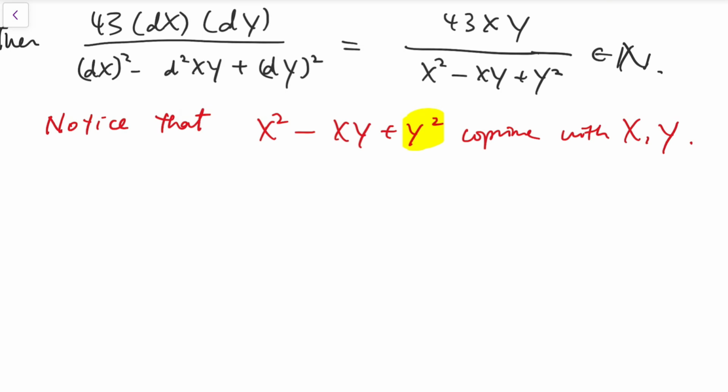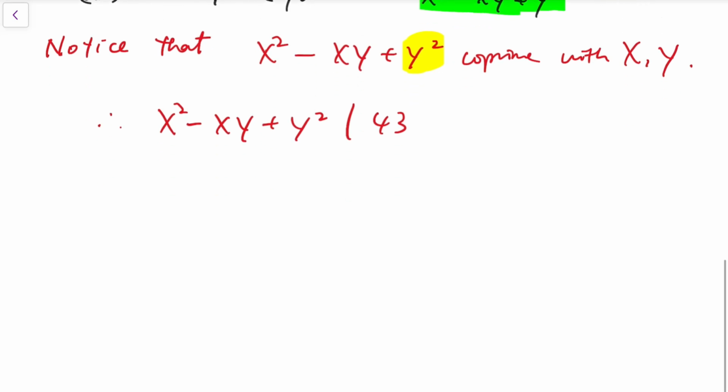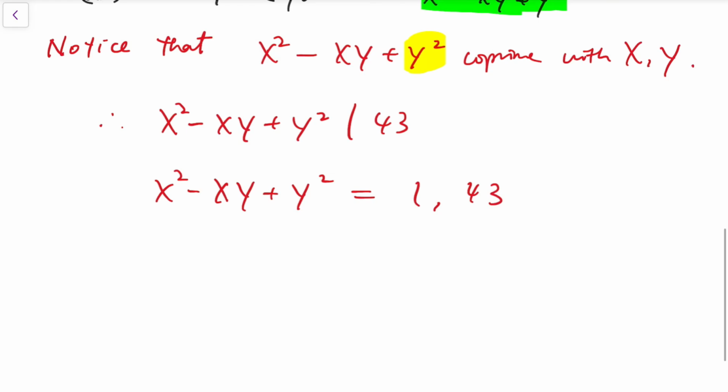So since this quadratic has to be a factor of 43 times big X times big Y, but the other part would not be a multiple of the quadratic, the only possibility is that the denominator must be a factor of 43, and that gives very few choices because it can only be either 1 or 43.